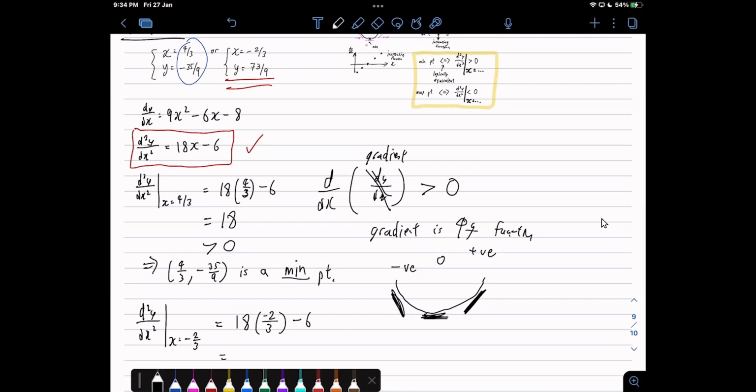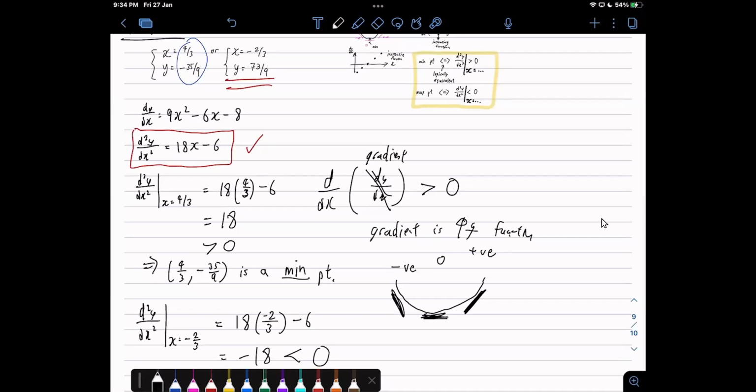What is your answer? You get 18 times negative 2/3 minus 6, negative 18. Negative 18, very good, which is less than 0, right?